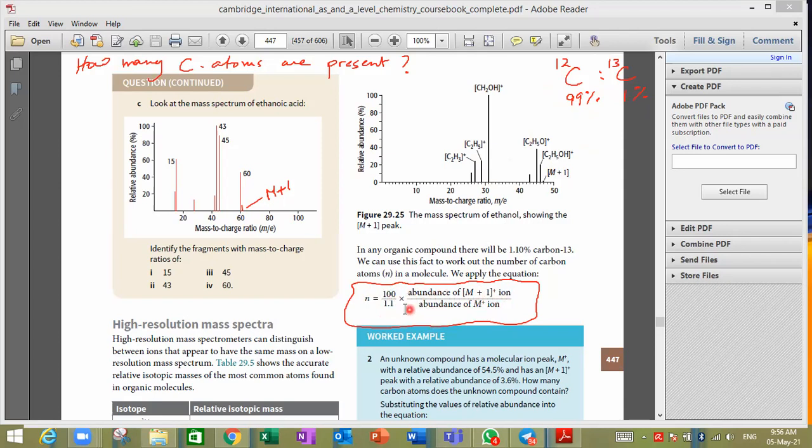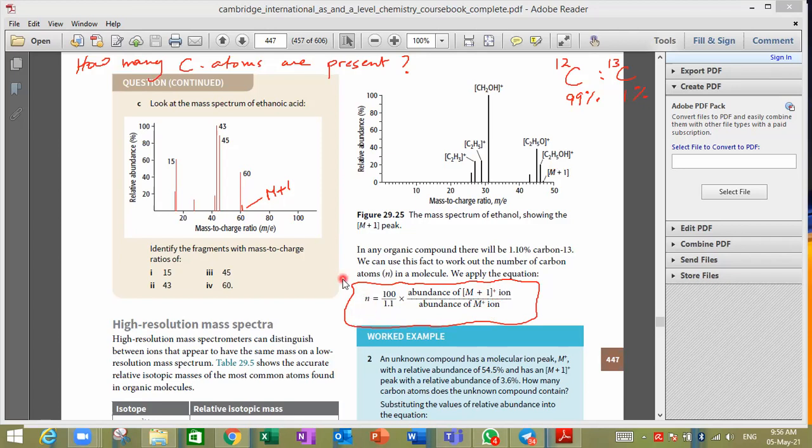We exchange their places. So the number of carbon atoms equals 100 divided by 1.1, times the percentage of the M+1 ion peak, over the abundance of the M+ ion peak, from which we can calculate the number of carbon atoms.